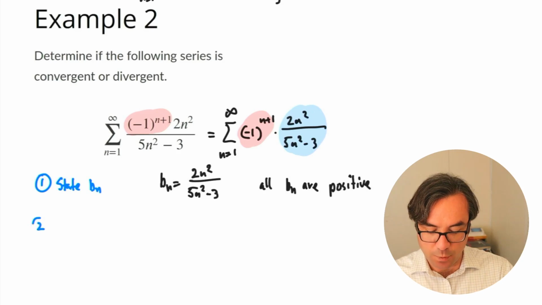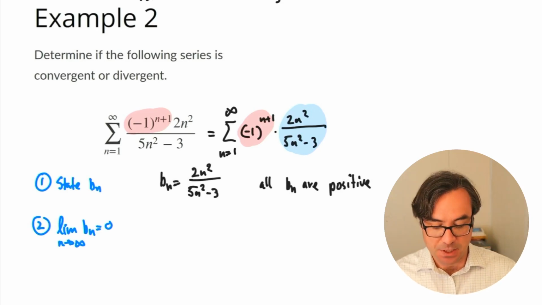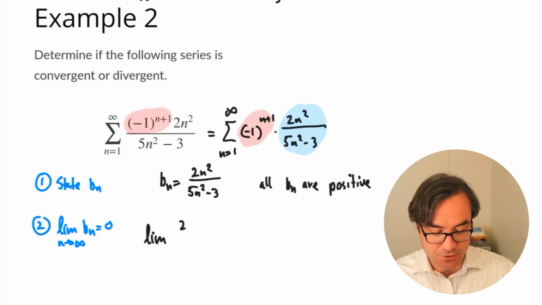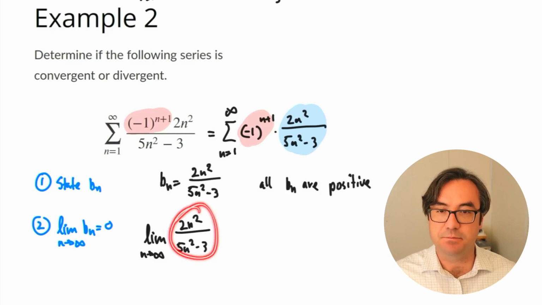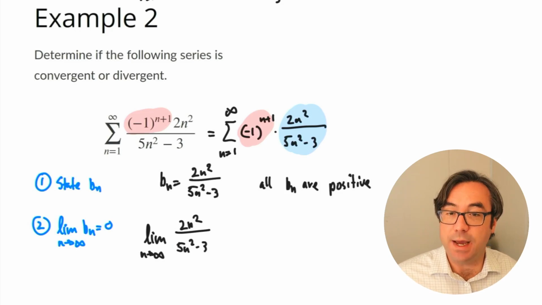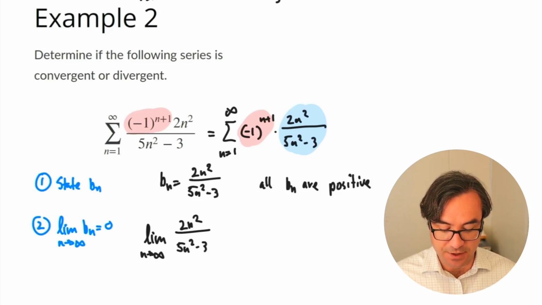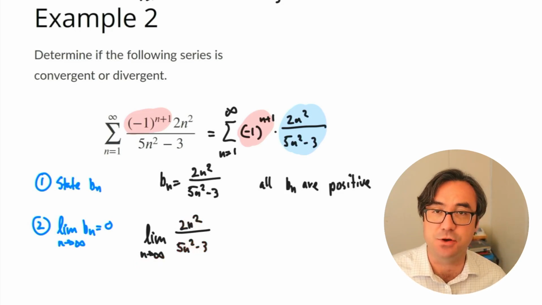Step 2. We want to show that the limit of b_n is equal to 0 as n goes to infinity. All right, so let's do this. We're going to do the limit of 2n squared over 5n squared minus 3 as n goes to infinity. And this is our usual rational function here. We could do this two ways. As n gets big, the numerator is going to infinity and the denominator is going to infinity.